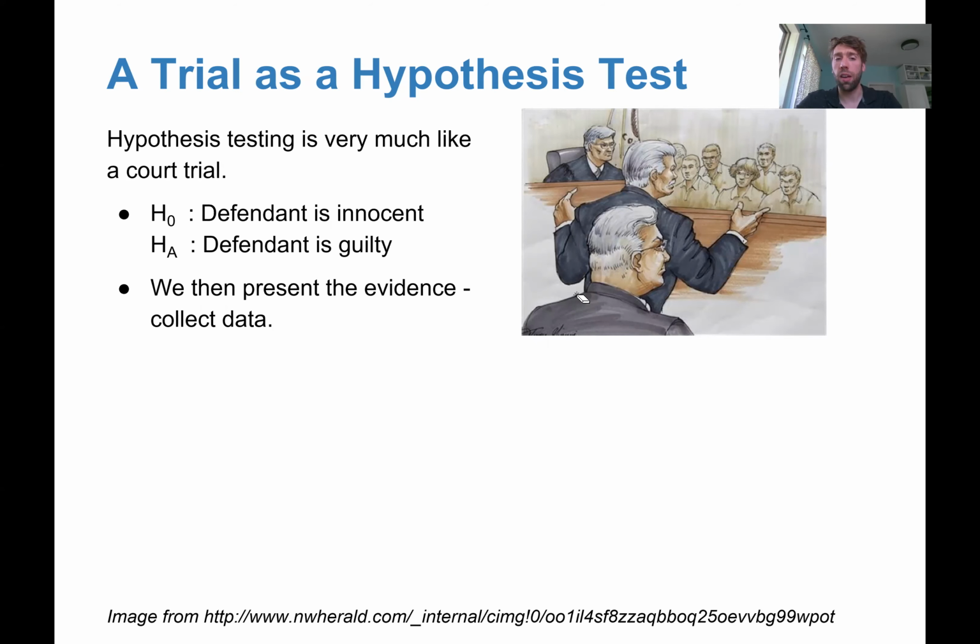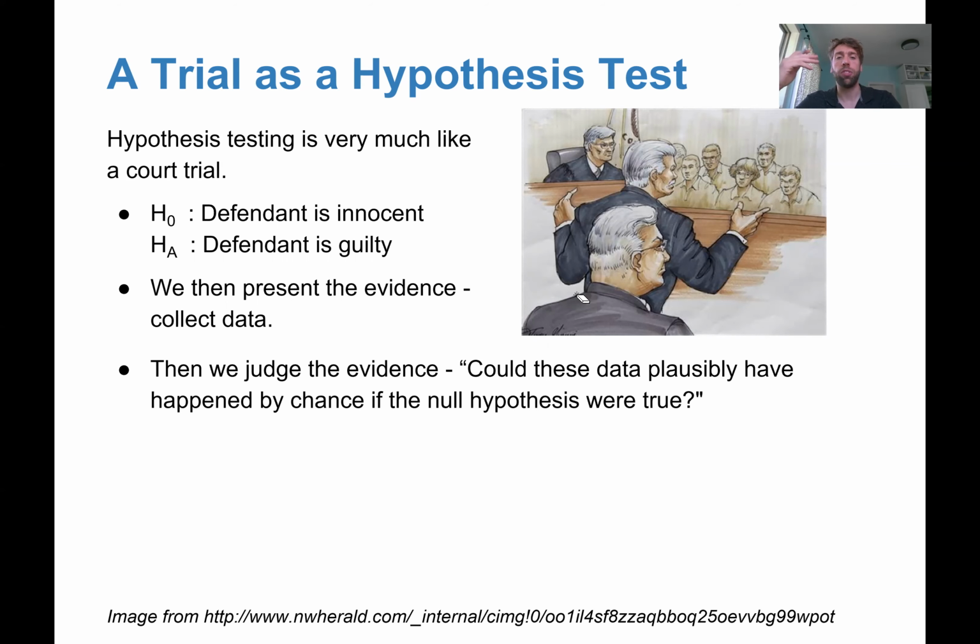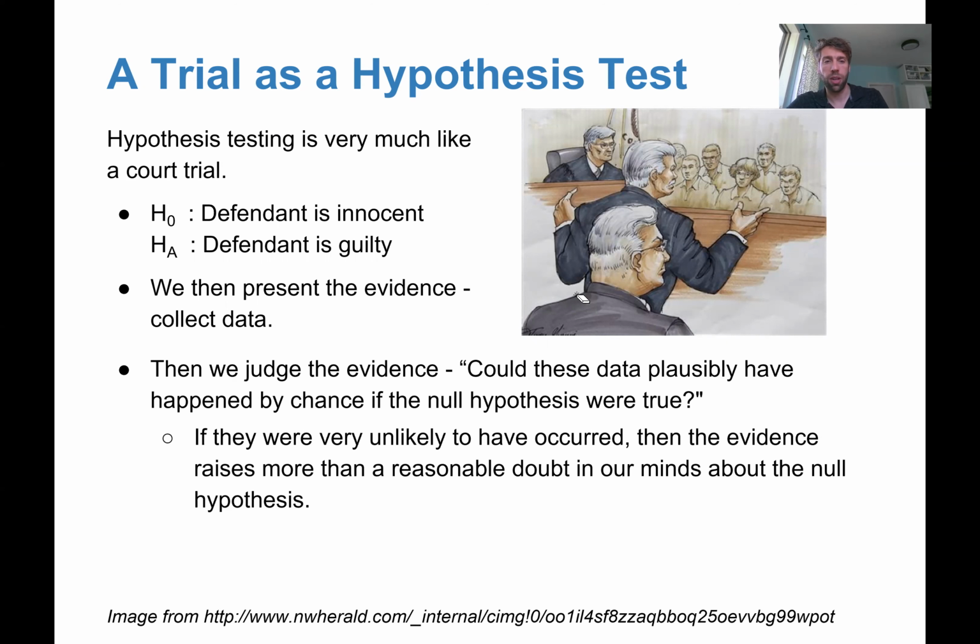We then present the evidence, collect the data, and we judge the evidence. Could this data plausibly have happened by chance if the null hypothesis were true? Now notice which one we assumed: not the alternative hypothesis, the null hypothesis. Just like in a courtroom, at least in America, everyone is assumed innocent until proven guilty.